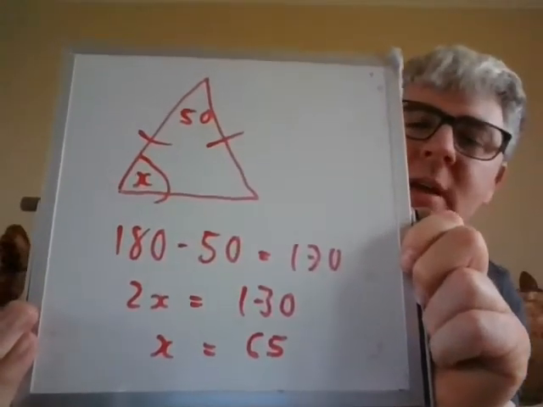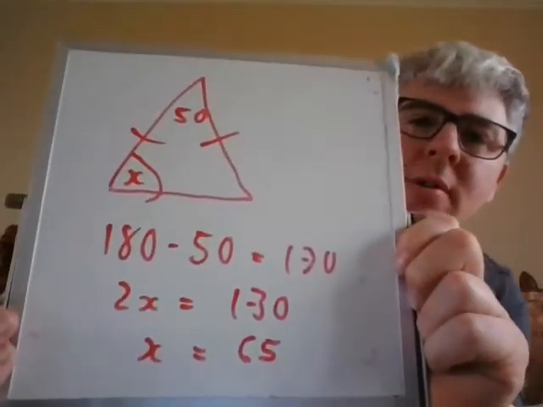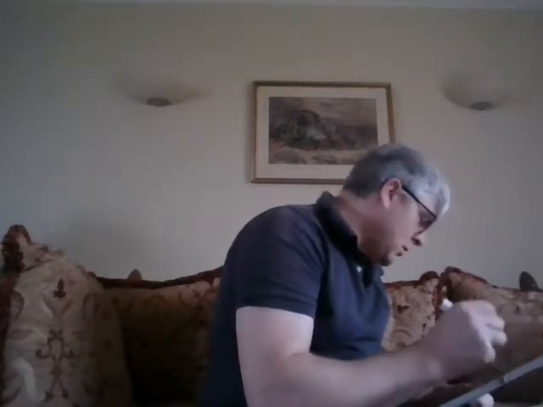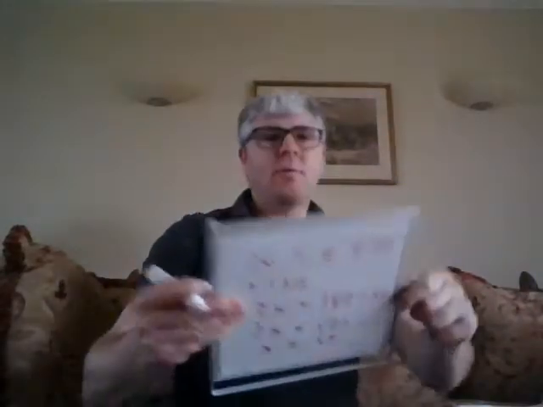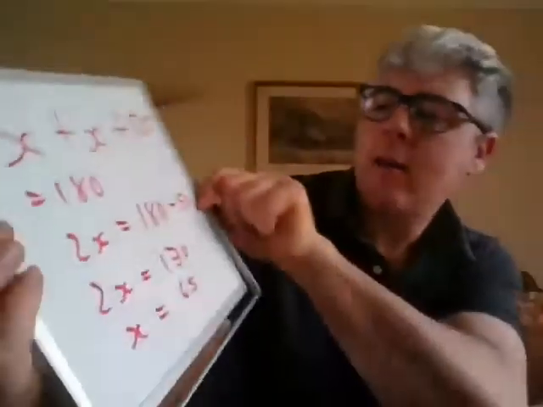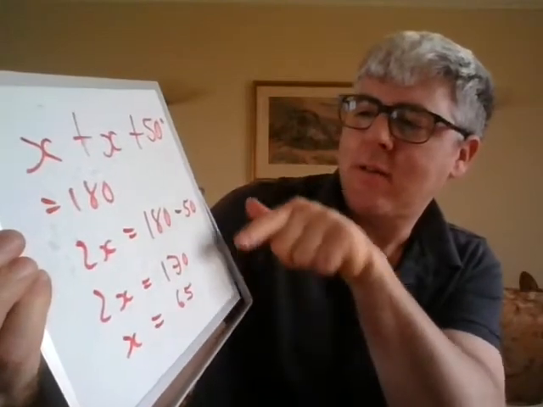You can always look it up just to make sure I'm not telling you the wrong stuff here. That's 100, 180, 130, 65. I just wanted to show you that.